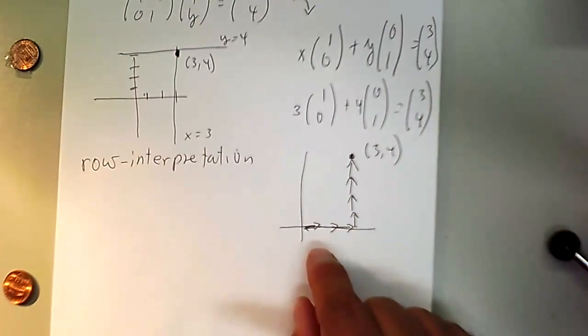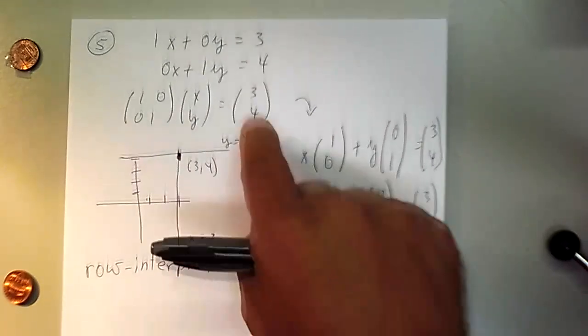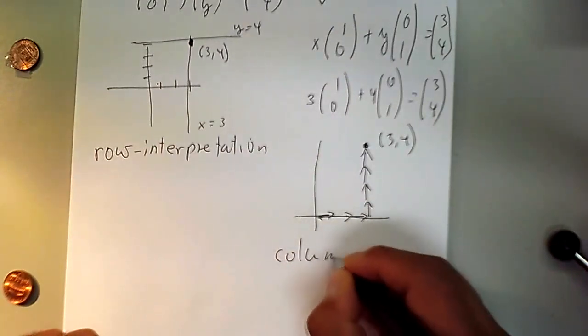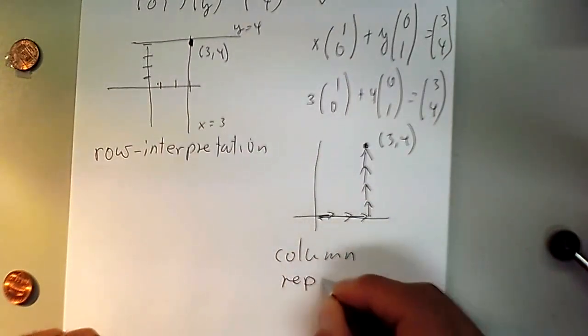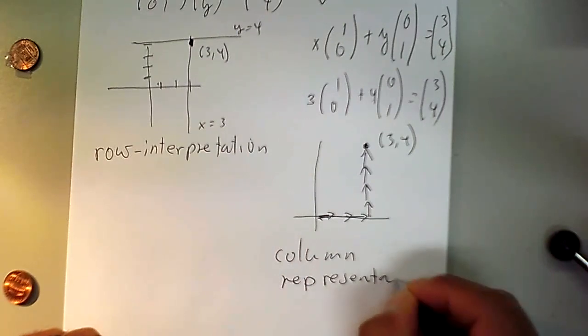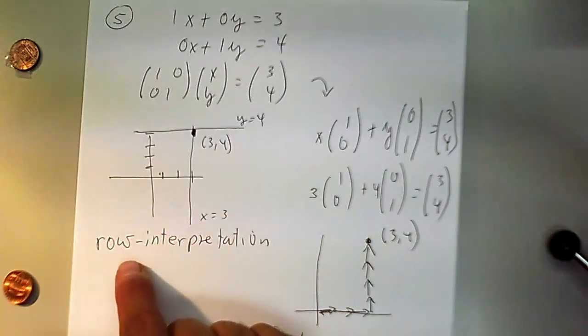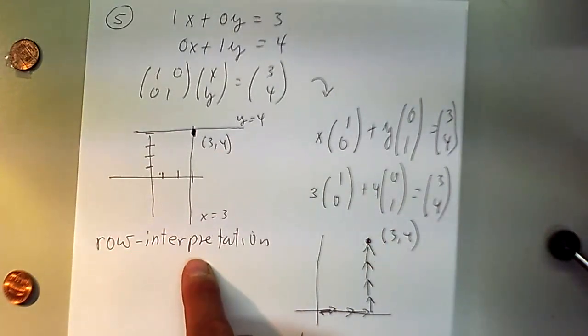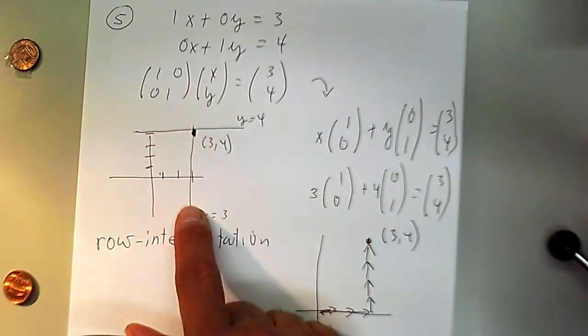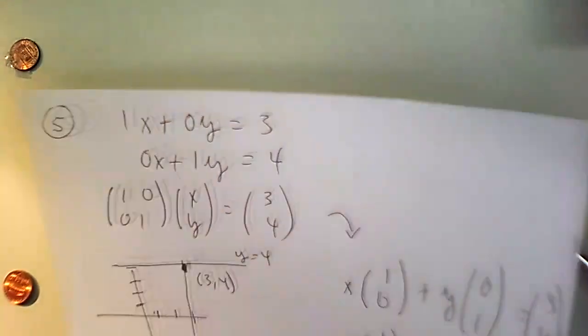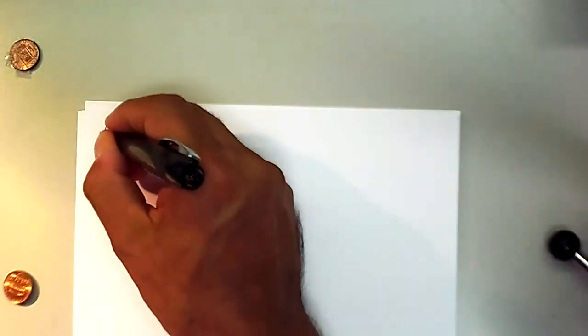This is called the column interpretation of that system of equations. This is the column representation, as opposed to the row interpretation, which is line, line versus vector, vector, vector, vector. Let's do a couple more of those. That sounds very interesting to me.